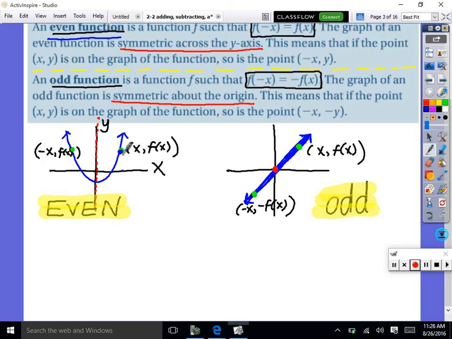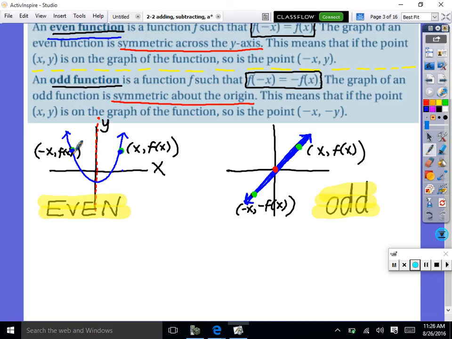Well, if I was to plug in negative x, that same distance but in the negative, aren't we still going to get positive f of x? If I plug in negative x into my function, you're going to still get positive f of x. So that's how we'll check it algebraically. I'll give you the function and say check it algebraically.